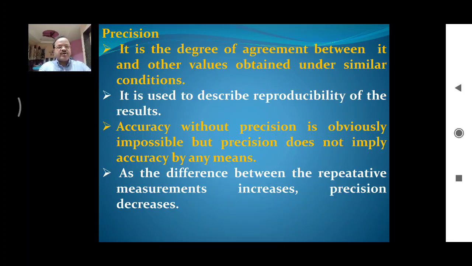No 2 readings are similar, therefore precision is not there. Actually the true value is 10, but the readings are 10.1, 10.2 and 10.3. There is no precision in these readings.